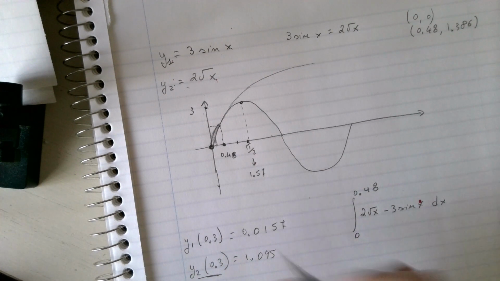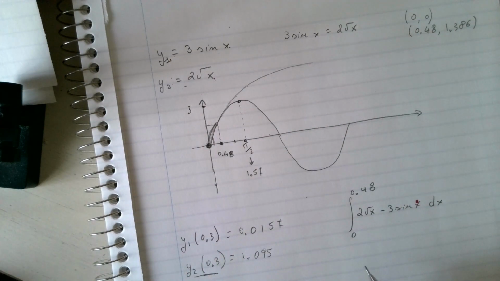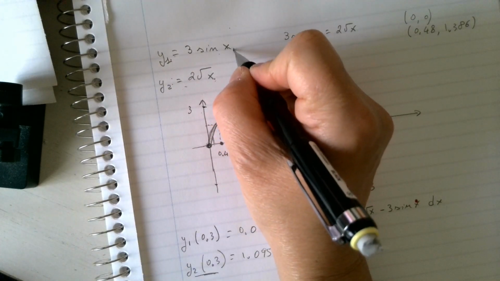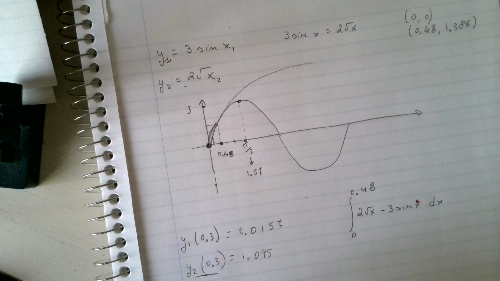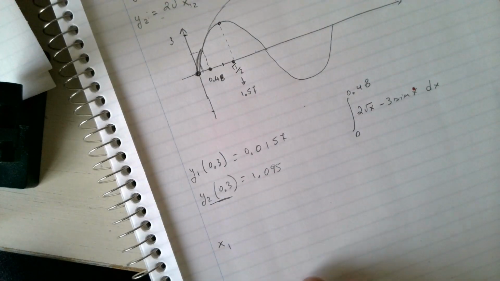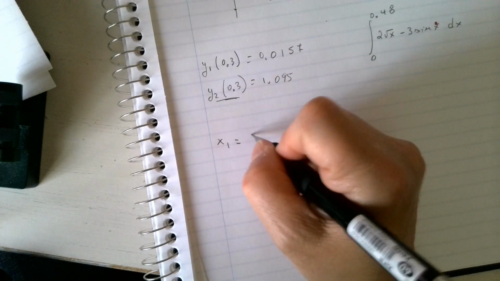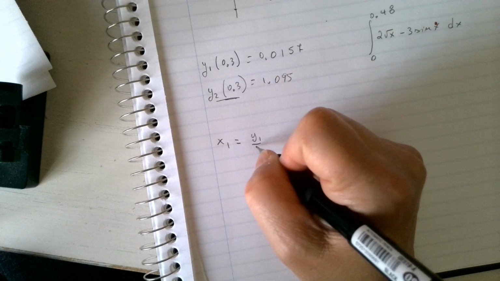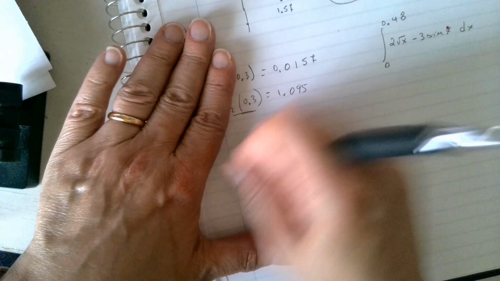Now you could try to do the same here for y. So if you consider now this one as x1 and this one as x2, you will find that x1 is equal to y over 3. One second, let me recap it here.